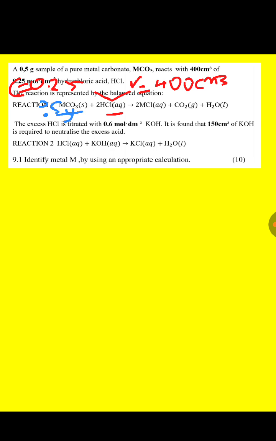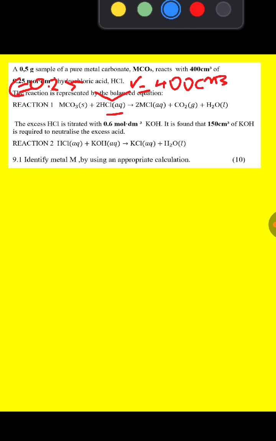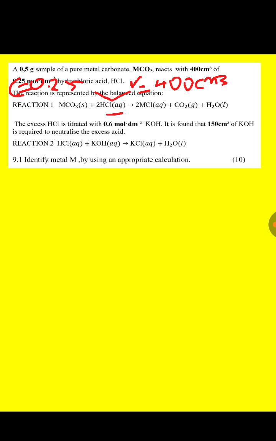Okay, but I must focus on the one that is appearing on both sides. So now I'm going to do this. Check in the next information, we are given KOH.